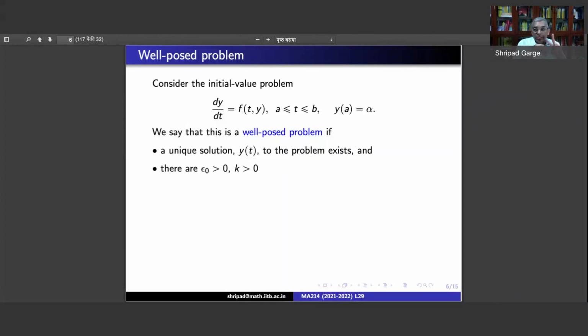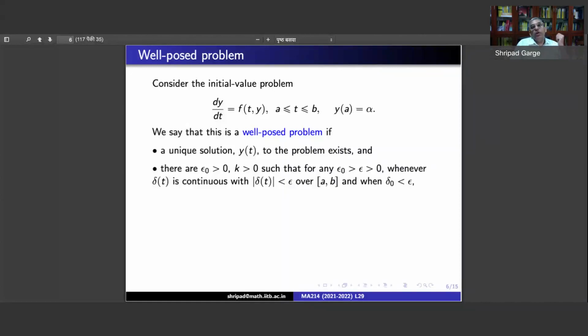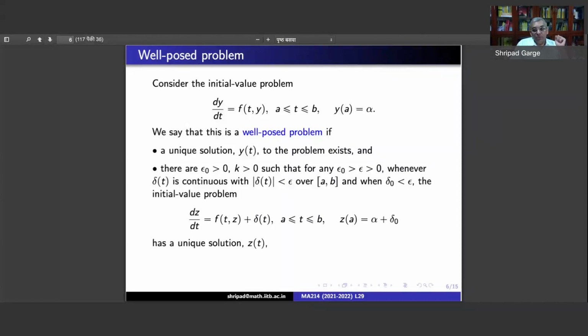There are two constants, epsilon naught positive and k positive, such that for any positive epsilon less than epsilon naught, and whenever you choose a delta of t which is a continuous function on the interval a, b, whose sup norm, whose maximum value, is bounded above by epsilon, and you choose one more delta naught which is less than epsilon, then this modified initial value problem has a unique solution.